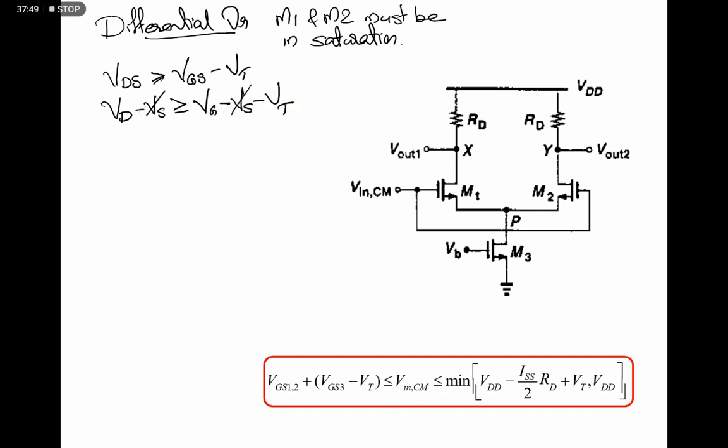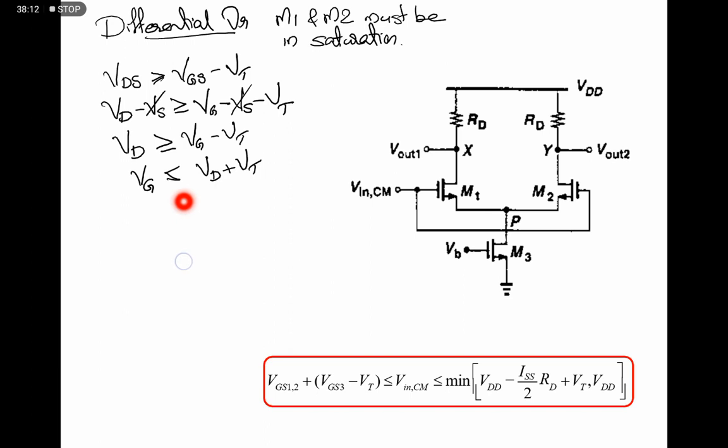So the VS terms cancel each other, or VD must be greater than or equal to VG minus VT, or the gate voltage must be less than VD plus VT. Then only the transistors M1 and M2 are in saturation mode.